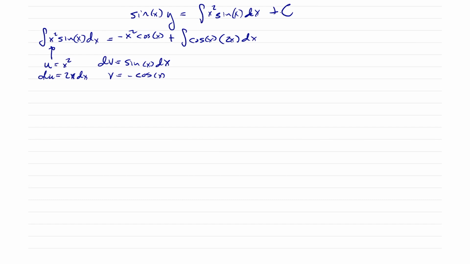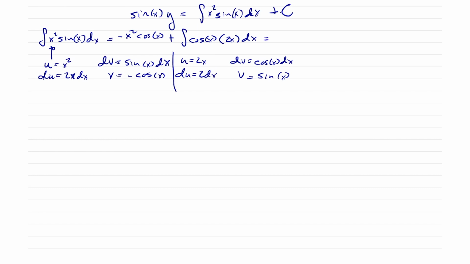Okay, so now I come up to a new integral. Here we're going to choose u to be 2x, and then that leaves du equal to 2 dx. And we're going to have dv equal to cosine of x dx, and that leaves v equal to sine of x.